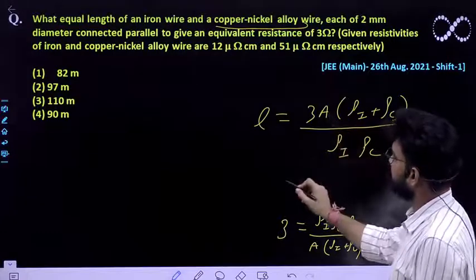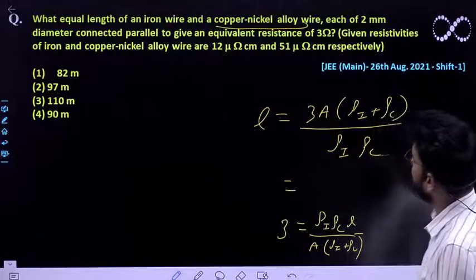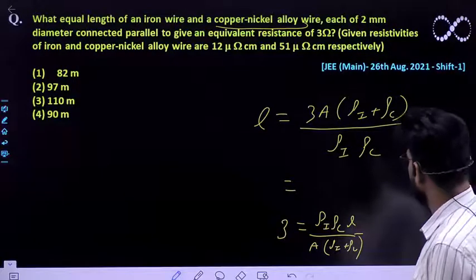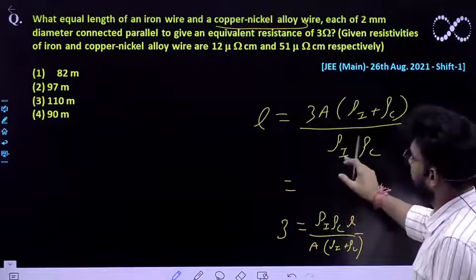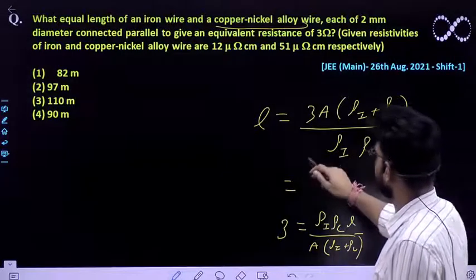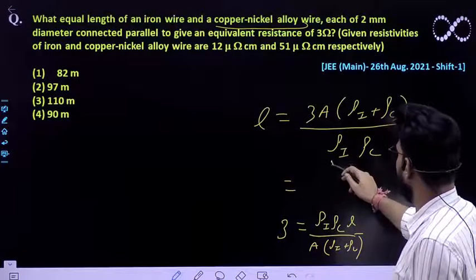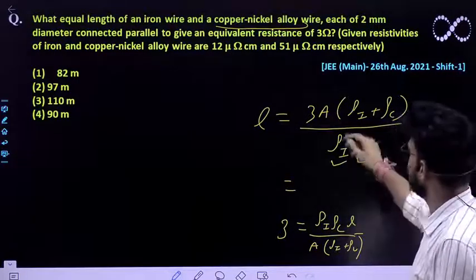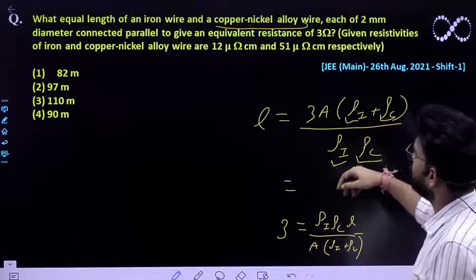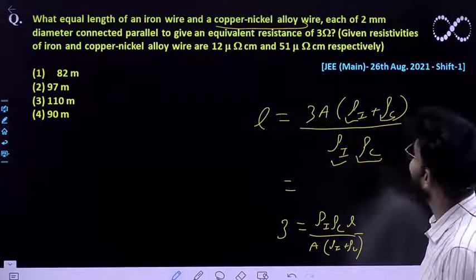What is the area of both of the wires? We already know that. So we have to find out the length with what we have been given. So rho I has been given to you, rho C has been given to you, and also the diameter of each wire is 2 millimeter.